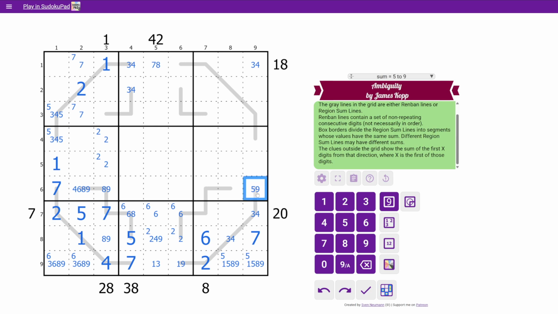This would be a 5. Therefore, this would be a 1. This would be a 3. Which means this was a 2. What was I even, oh my gosh. If this is a 6, this is a 3, 9, 8.